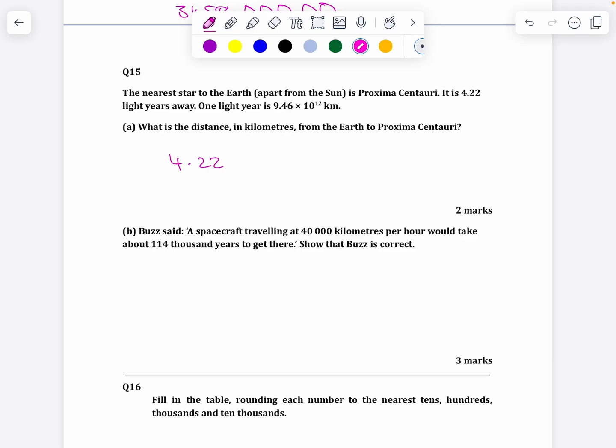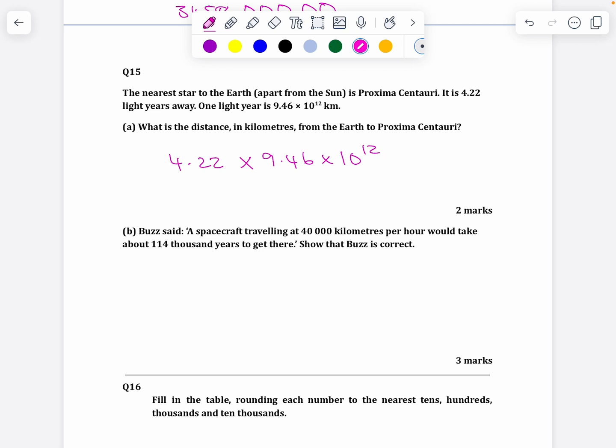And 1 light year is 9.46 times 10 to the power 12. But we want 4.22 of them. So we're going to multiply it by 4.22. And you can do that on your calculator, to be honest.